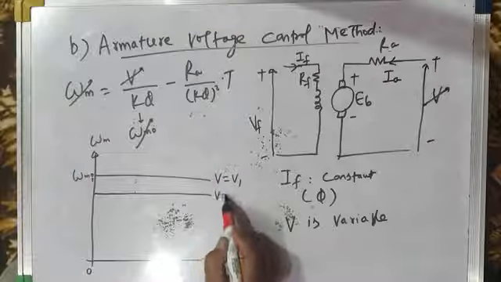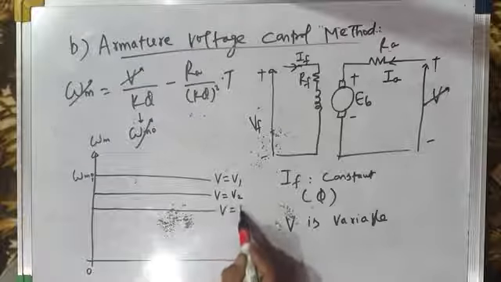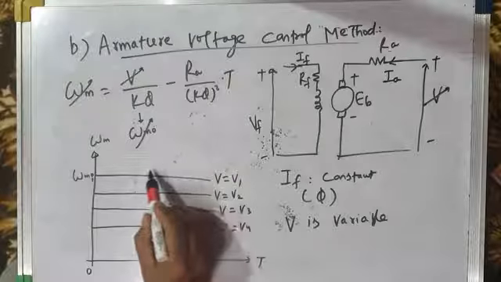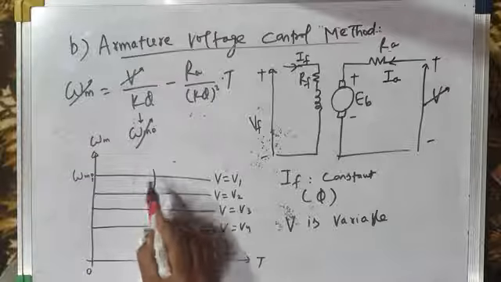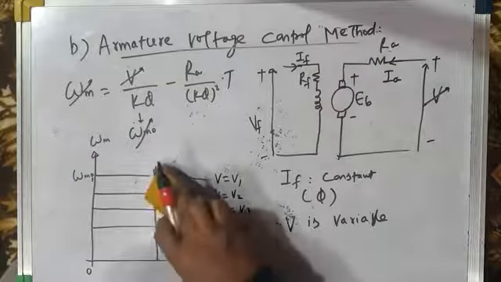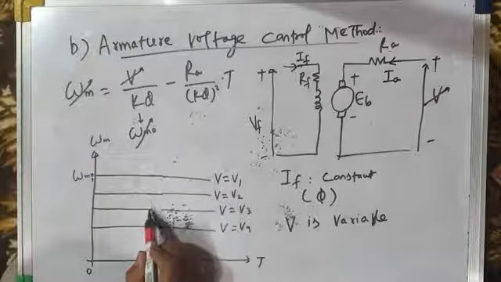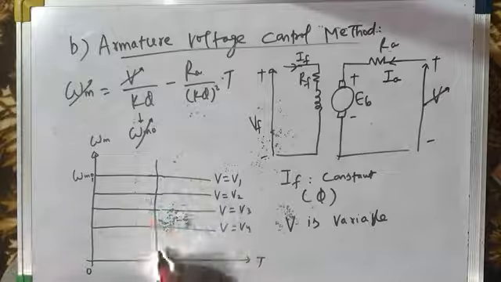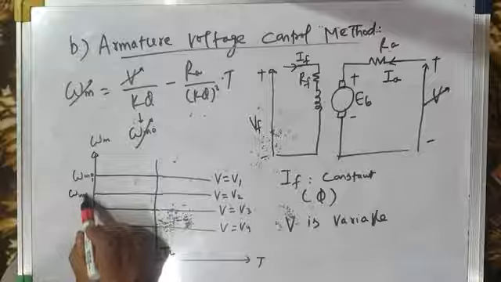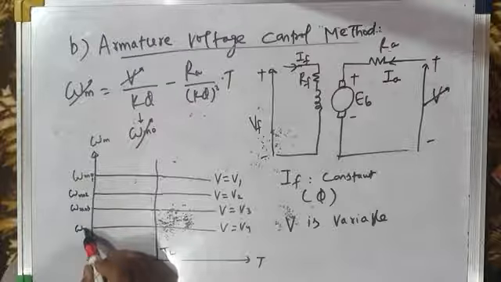This is the torque speed characteristic for V equal to V2. This is the torque speed characteristic for V equal to V3, and similarly this is the torque speed characteristic for V equal to V4. Let us suppose this is the load torque TL. This is the no load speed omega m naught 2, this is omega m naught 3, and this is omega m naught 4.